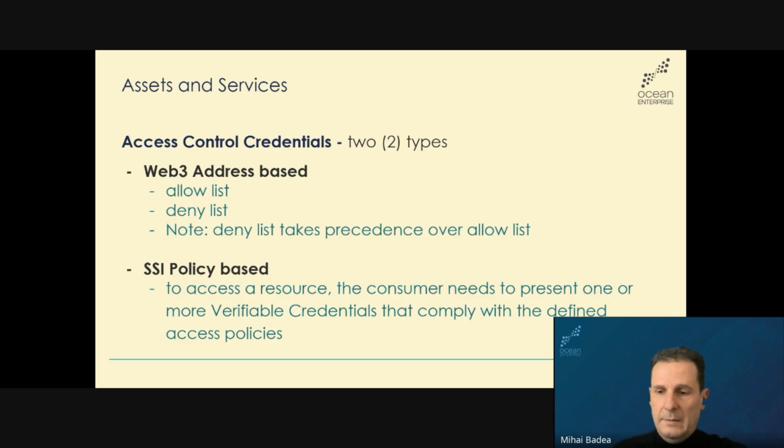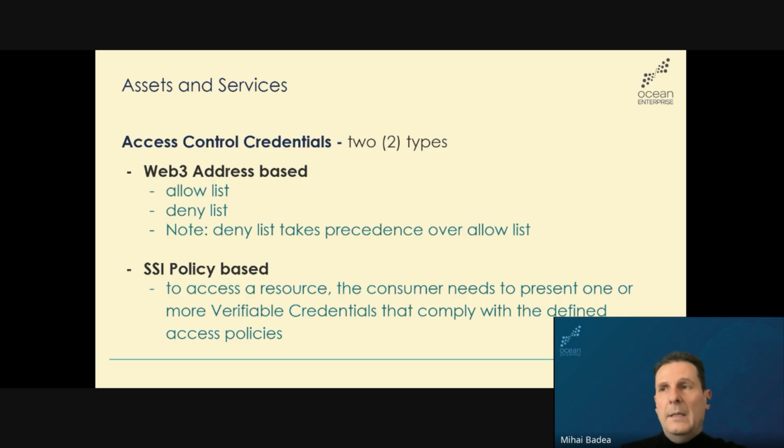The way the consumer is verified, if it's allowed or not, is based on two things: either on Web3 addresses, so that means that the Web3 address of the consumer should be on the allow list of that asset, or it should not be on the deny list of that asset. That's one type of credentials, Web3 based.